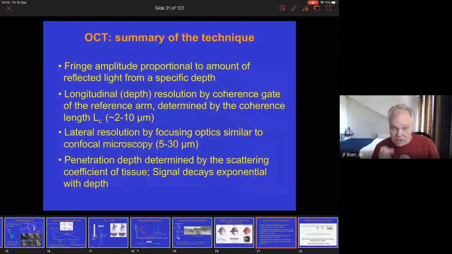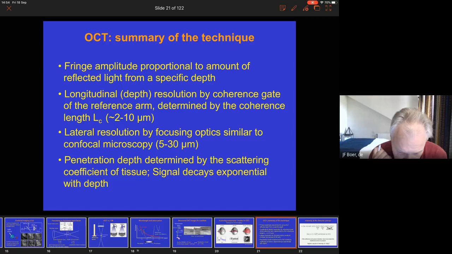Okay, let me summarize the technique. The fringe amplitude of the interference is proportional to the amount of reflected light from a specific depth. The longitudinal or depth resolution is determined by the coherence gate of the reference arm, and that's determined by the coherence length. The coherence length in OCT can be as small as 2 micron, but in general it's more on the order of 10 micron.